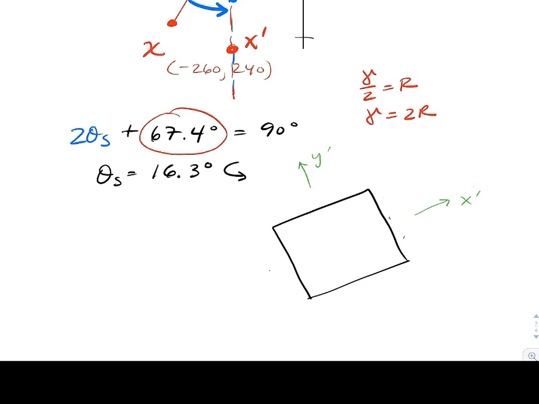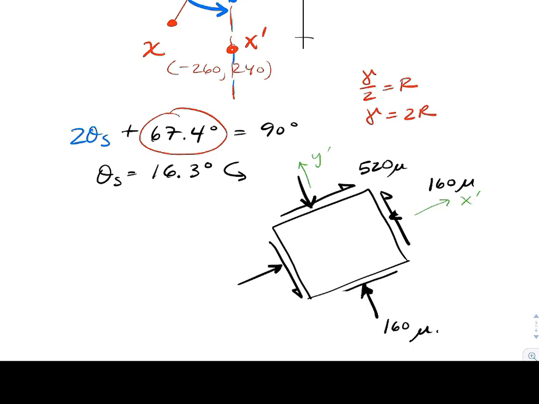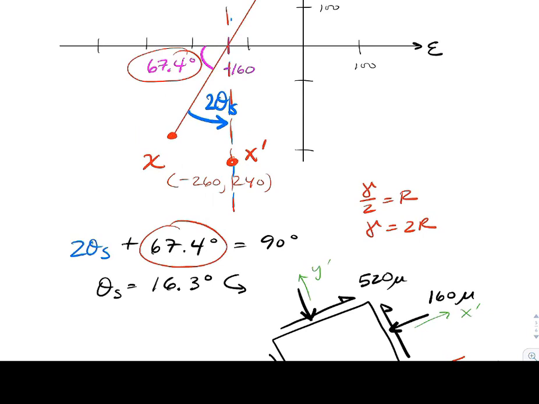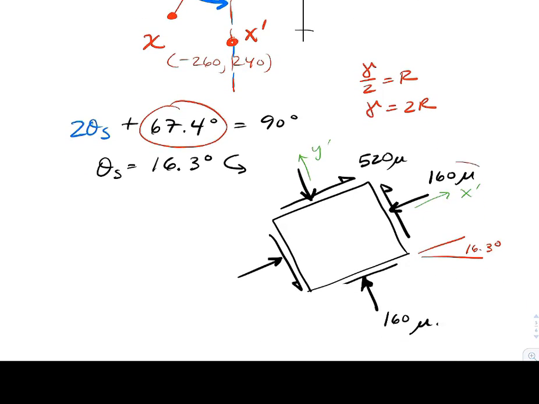So if we go ahead and label all the strains, with 16.3 degrees, on all faces we'd have epsilon average, which is at the middle of the circle. So you see 160 on all 4 faces.